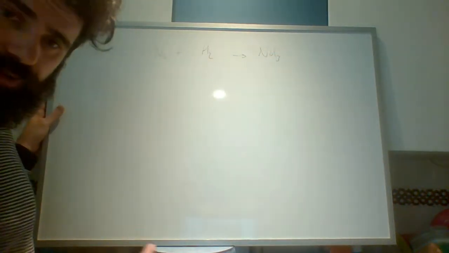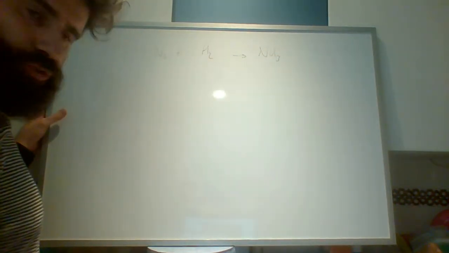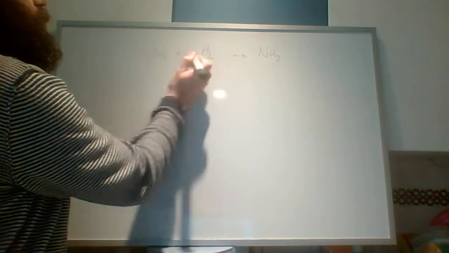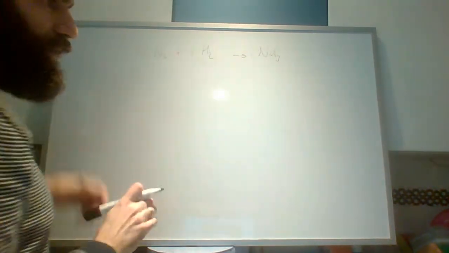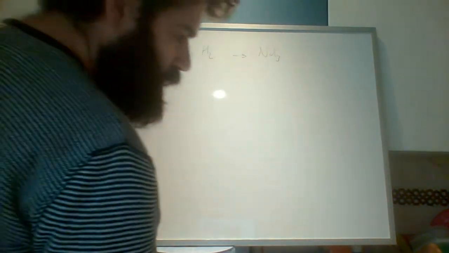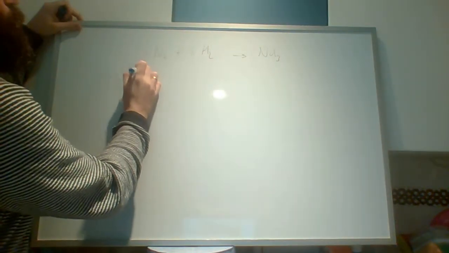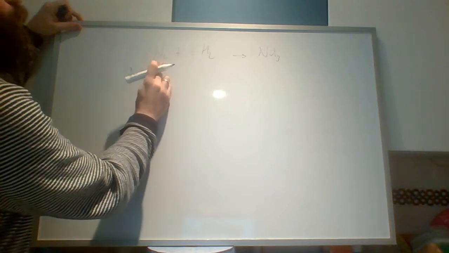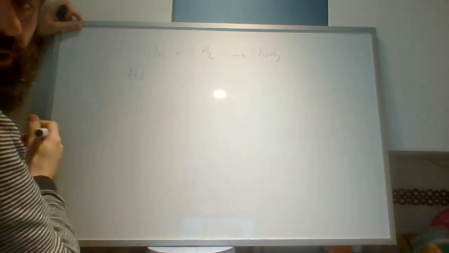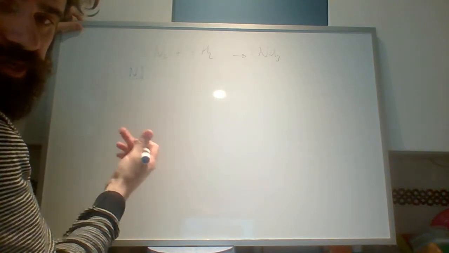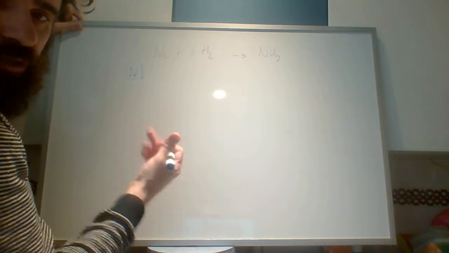Okay, we are remembering the method of the system of equations. Remember, you have to add the letters A, B, C, and D. And now we are giving some values to them, and you have to take into account something. You have to count the number of atoms of nitrogen, and you have two atoms in 1 mole of molecules because A, B, and C represent the number of moles of molecules.